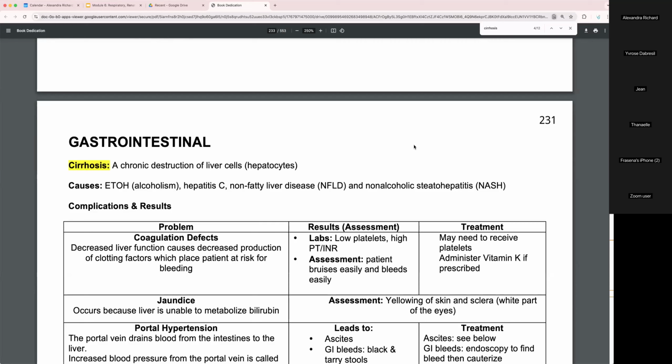So what is cirrhosis? Cirrhosis is a chronic destruction of liver cells. Cirrhosis is a permanent scarring of the liver.